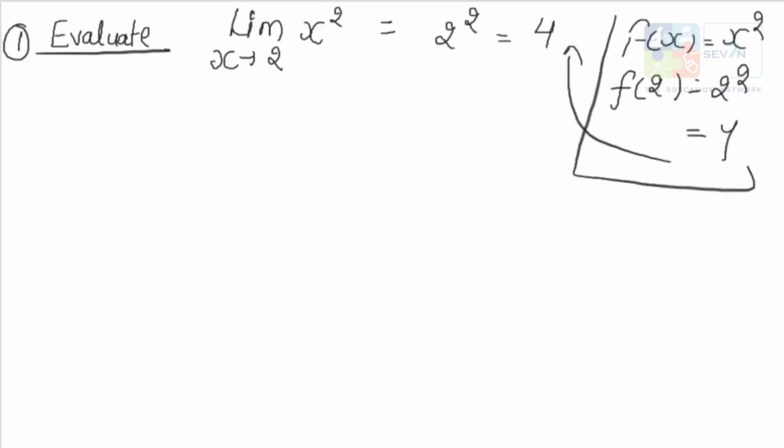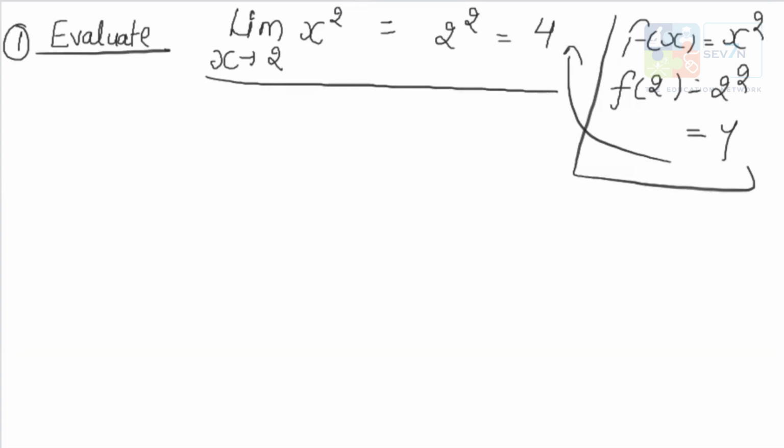Yes, because sometimes there is a question: check whether the limit exists or not. If you are putting this number, the limit exists, it's clear. But sometimes the question is, can you please check this function and tell me whether the limit exists or not?